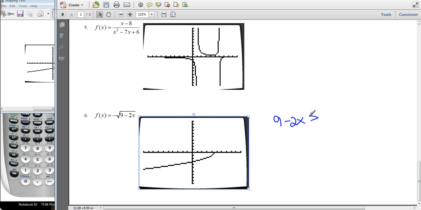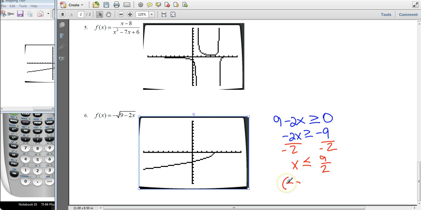We're going to say that that's greater than or equal to 0 because we don't want the square root of a negative number. Subtract 9 from both sides. Divide by negative 2. Don't forget to change the direction of your inequality. And so x is less than or equal to 9 halves.